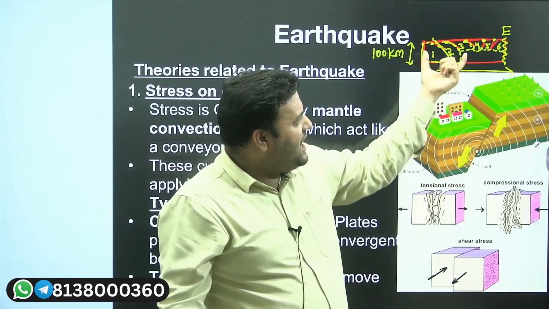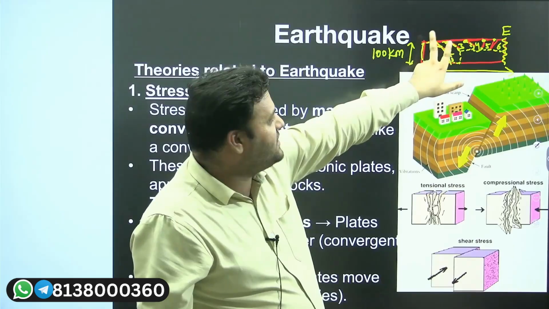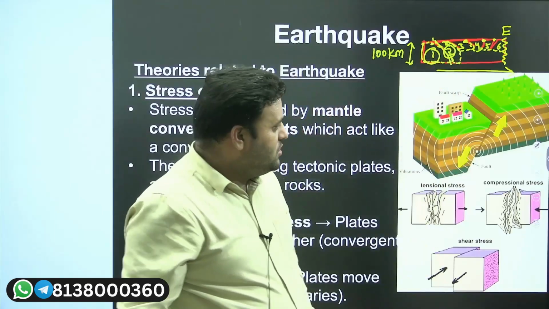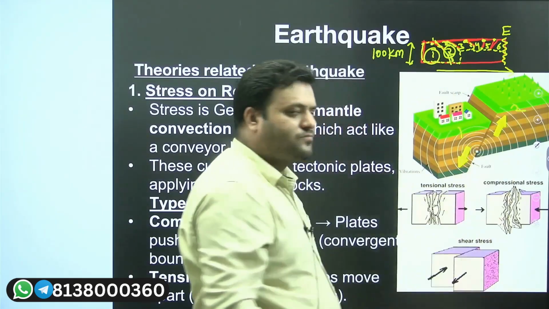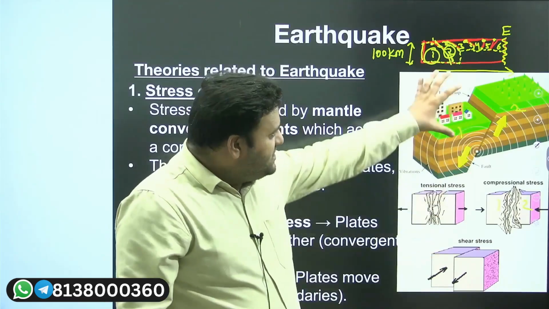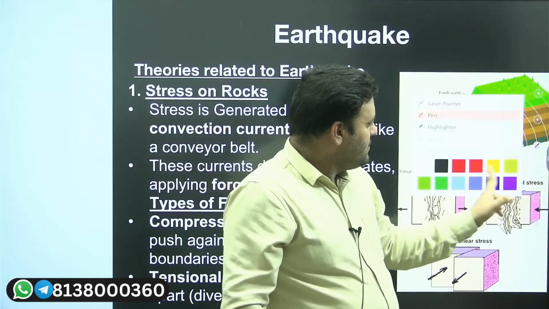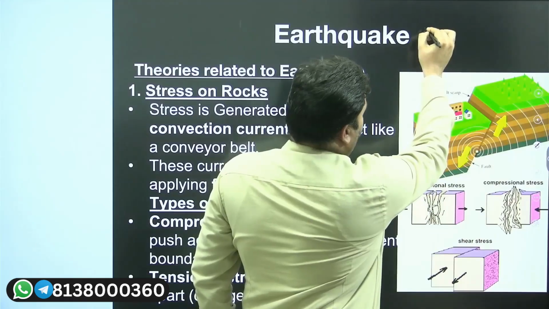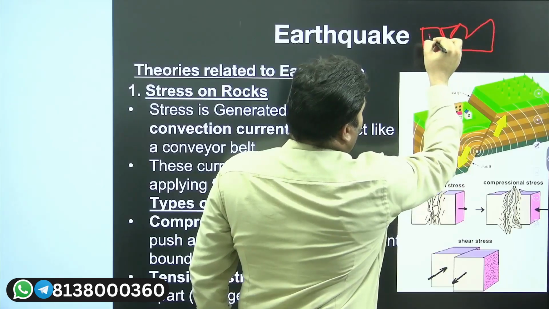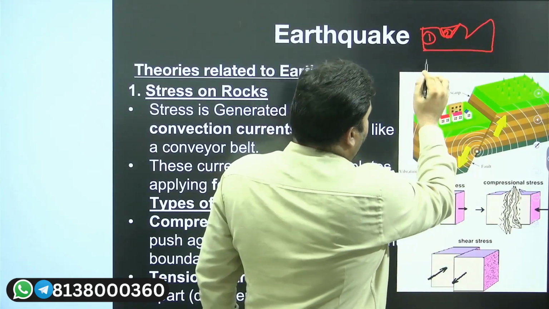So when we have these faults, let's consider these two blocks, block 1 and block 2, and suppose these two sets of blocks are under the influence of a mantle convection current.